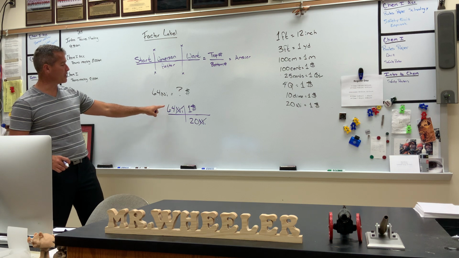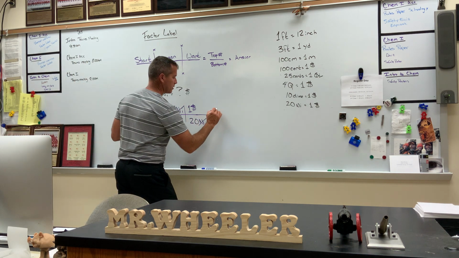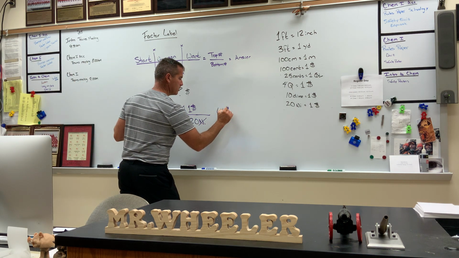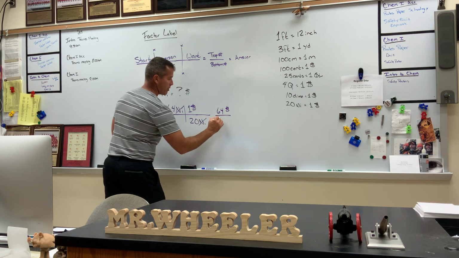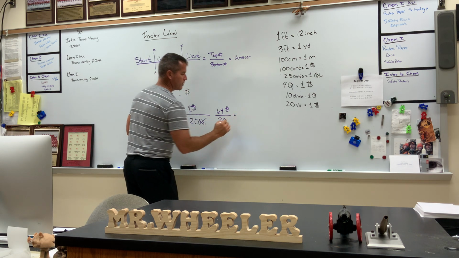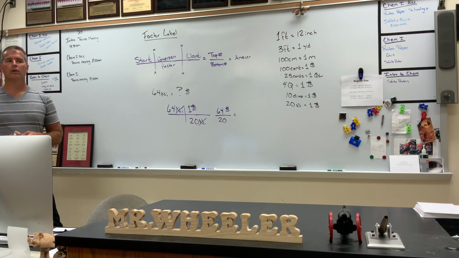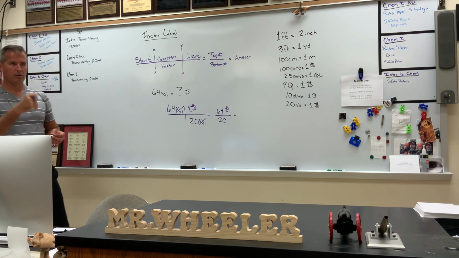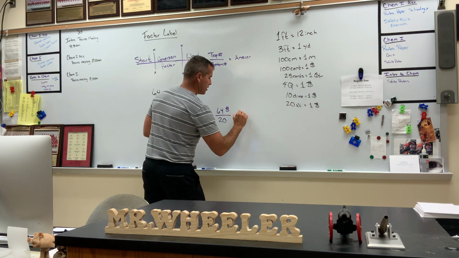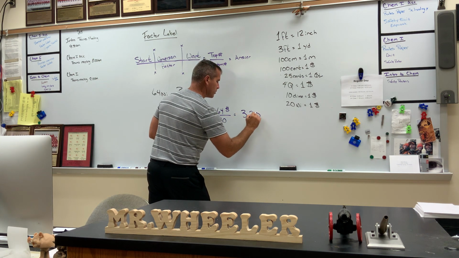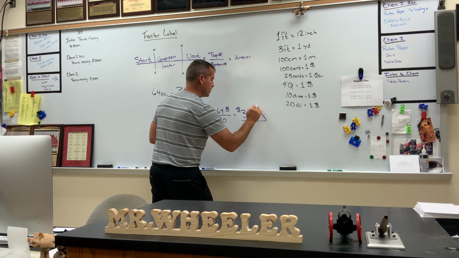So my top number would be 64 times 1, 64, divided by, well, the only thing on the bottom is 20. So go ahead and do that math for me real quick and tell me what we end up with. $3.20.